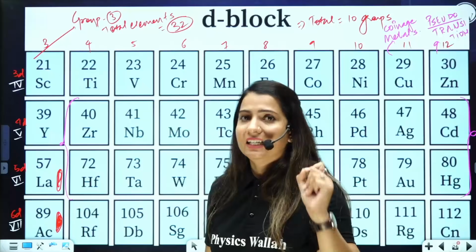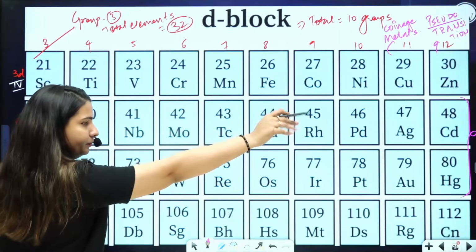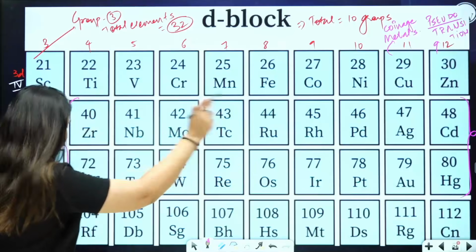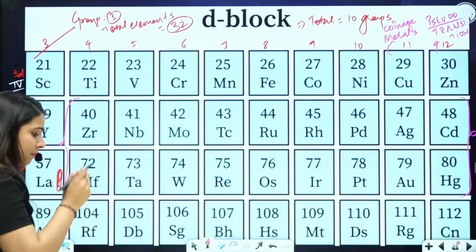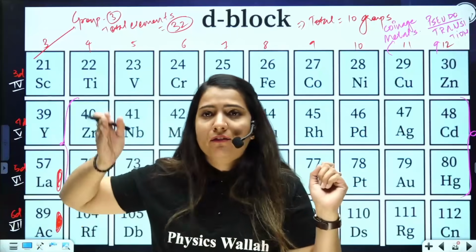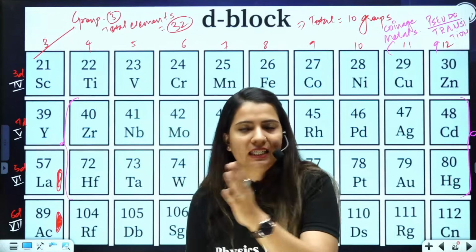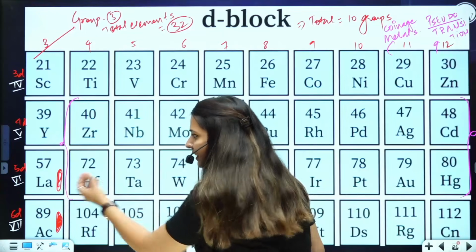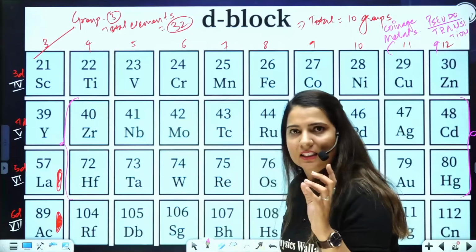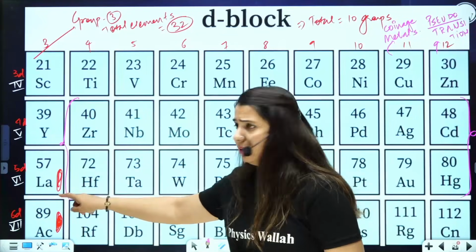But what is the reason? Reason is because when you are moving till cadmium, no problem. After cadmium, there is lanthanum, and after lanthanum, there are 14 elements in which size is decreasing one by one. With every F electron, size is decreasing. Lanthanide contraction. I am writing these 14 elements in the below row, but they are actually present over here only.